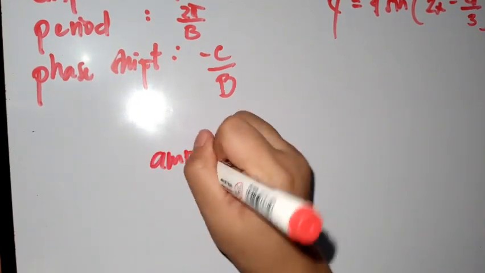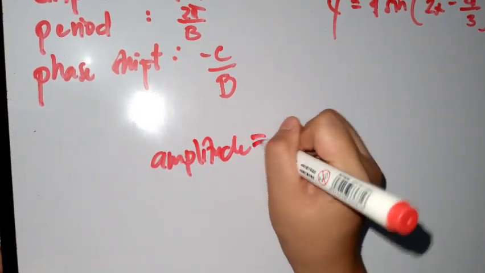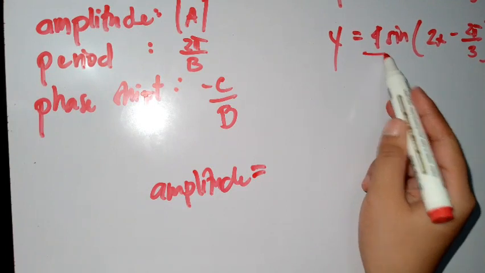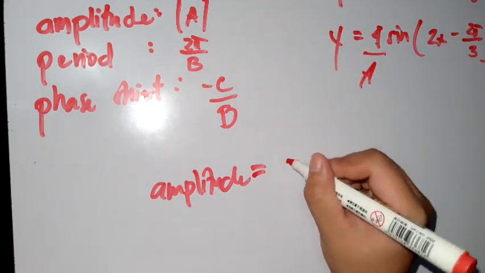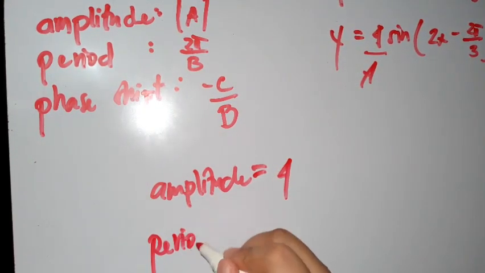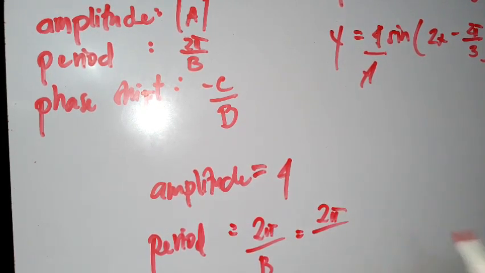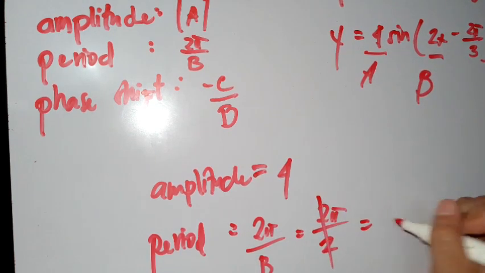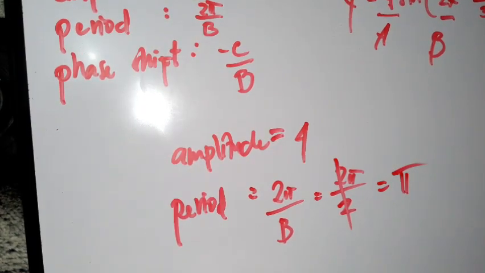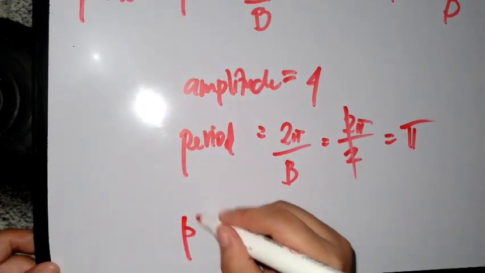So the amplitude there is 4. This is the amplitude, the value of a. Next is the period, which is 2 pi over b, where b is 2, so the 2s cancel out, and we have pi. And we have a phase shift.